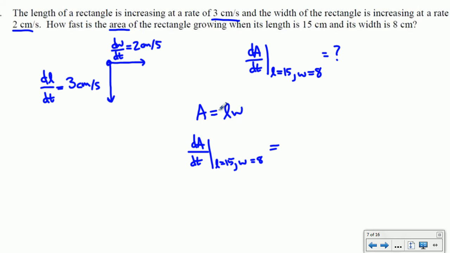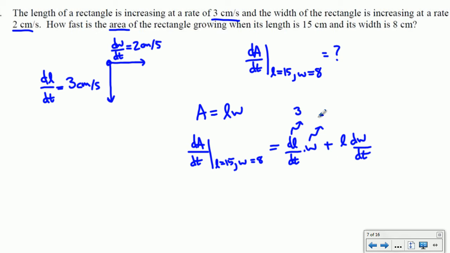Okay, so we need to do product rule with this. So derivative of the first times the second plus the derivative of the second times the first. So dl dt times w plus l dw dt, and then sub in what we know, right? So dl dt we have up here is 3.